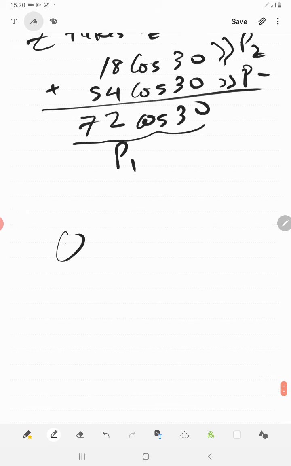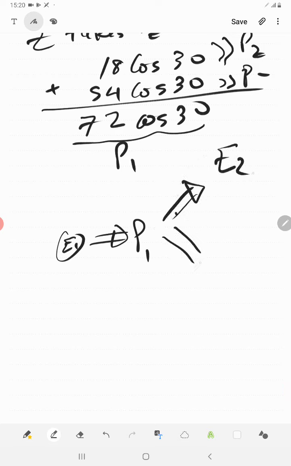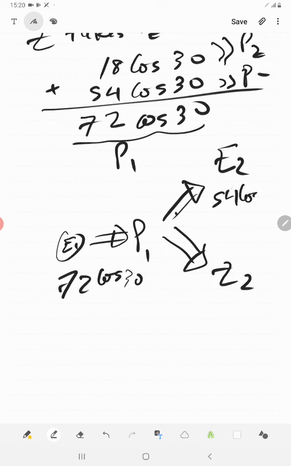So this is P1, this is PZ, and this is P2, which means that source E1 gives P1, which is given to source E2 and Z. So this is 72 cosine 30, and here E2, which goes to 54 cosine 30, and here 18 cosine 30.